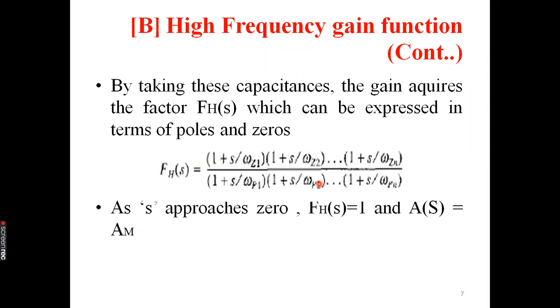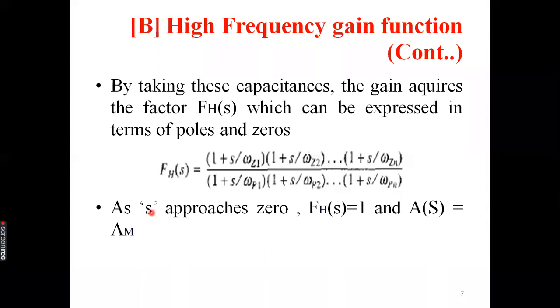Now we need to find for what case this particular function approaches unity, meaning FH of S becomes 1. Tell me the condition when FH of S becomes 1. FH of S becomes 1 when S is 0. S is 0 means zero frequency, and zero frequency means DC. S is a complex notation of the frequency in the complex plane, right?